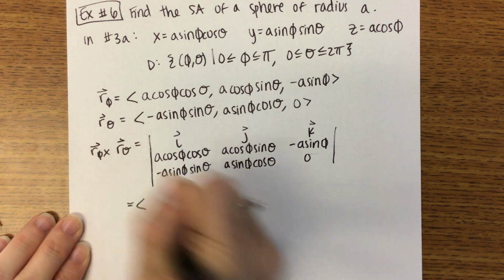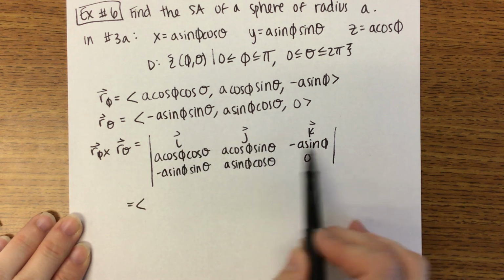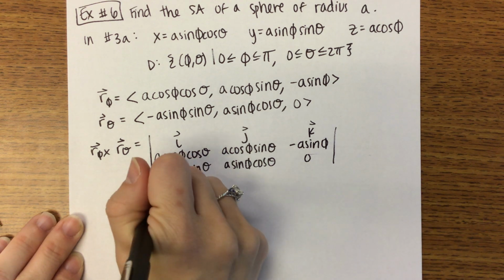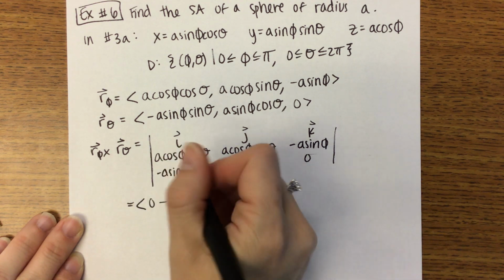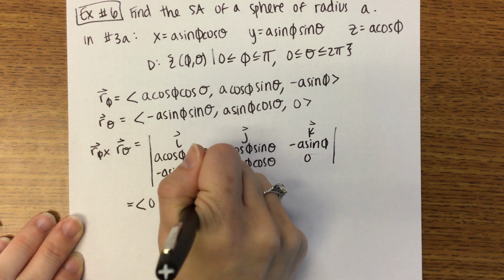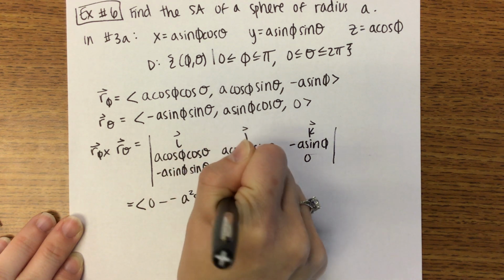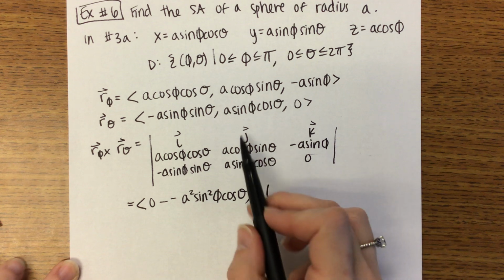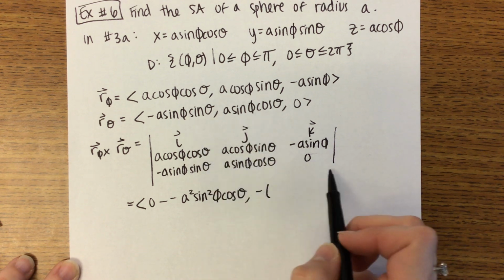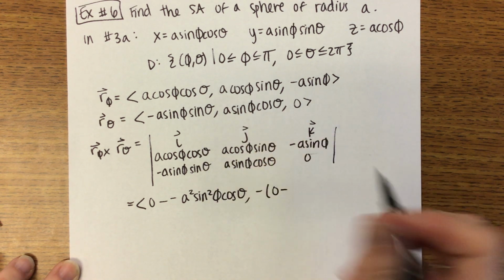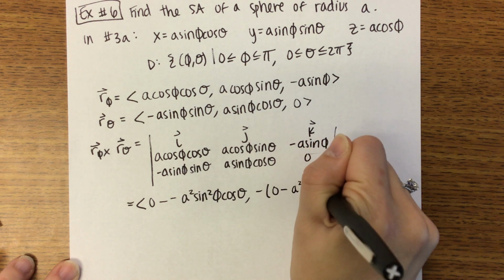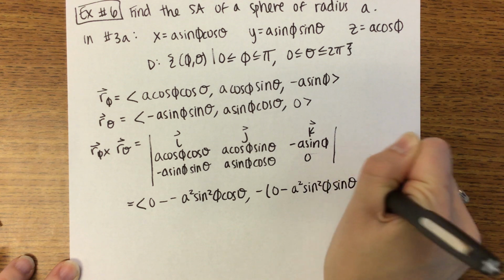Okay, so I get 0 minus this product, so that'll end up being 0 minus negative a squared sine squared phi cosine of theta. I'm going to write all the terms so that we don't lose anything. If I ignore this one, again we get 0 minus a squared sine squared of phi sine of theta.